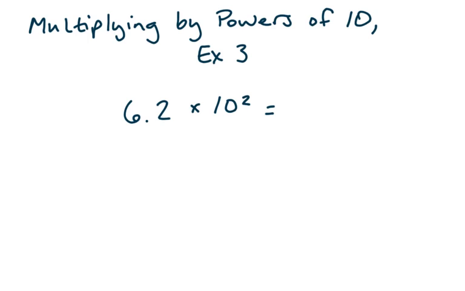Okay, so if we have 1.2 times 10 to the third, and we want to write it in standard notation, we simply move the decimal point 3 places to the right. Since 10 to the third, we're moving it 3 places, and we fill in the empty places with zeros. So let's look at example 3. They want us to write 6.2 times 10 to the second in standard notation, right?